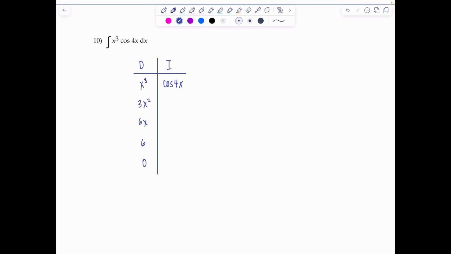So that's how many times I have to anti-differentiate. Then we have 1/4 sine 4x. Keep taking anti-derivatives. Negative 1/16 cosine 4x. Negative 1/64 sine 4x. And positive 1/256 cosine 4x.